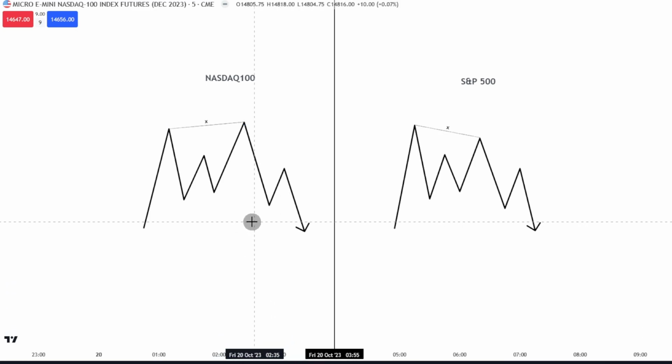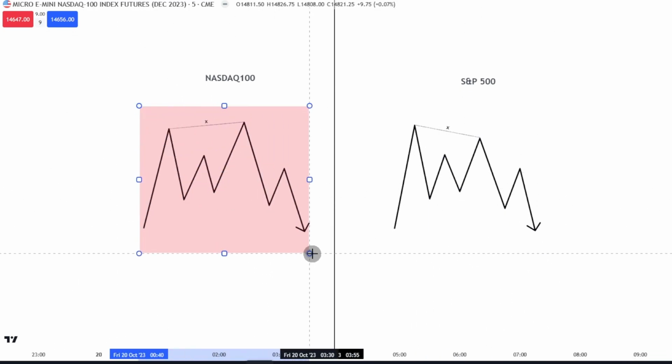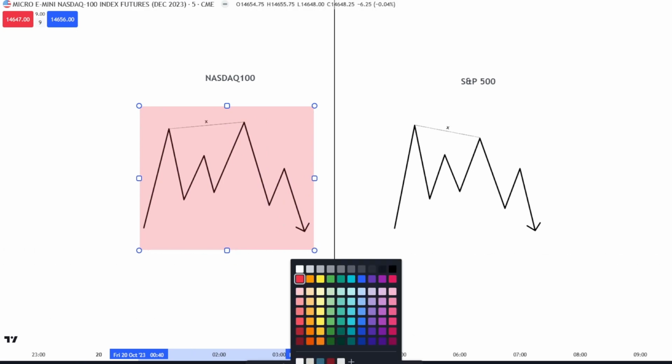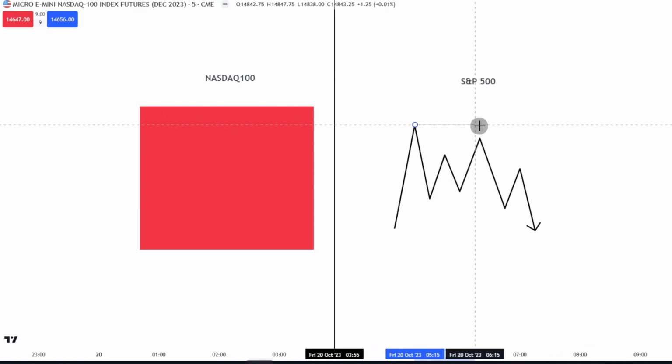And notice how if you were only looking at the S&P 500, you and everyone else would probably think that this was where the next draw on liquidity was.